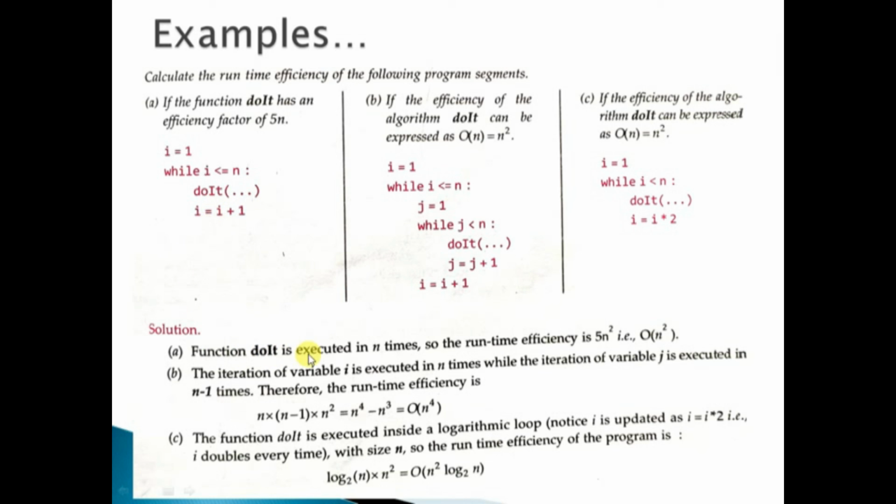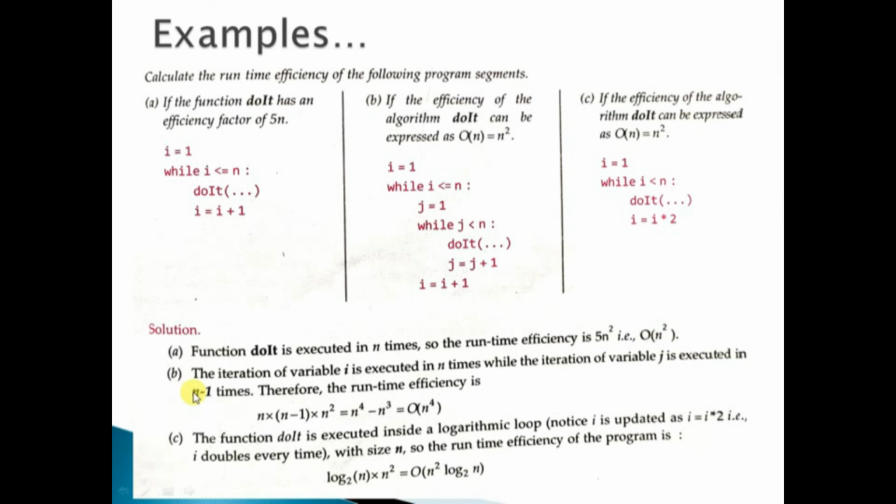So the function doIt is executed n times. It is inside a loop that is executing n times, so the runtime complexity will be 5n into n, that is order of 5n square, and the most dominant term is n square, that's why we will take it as order of n square.